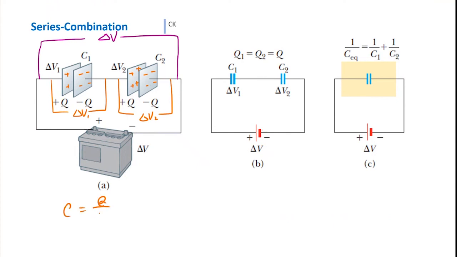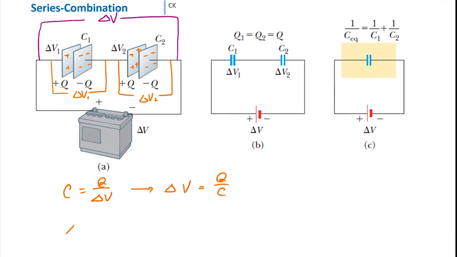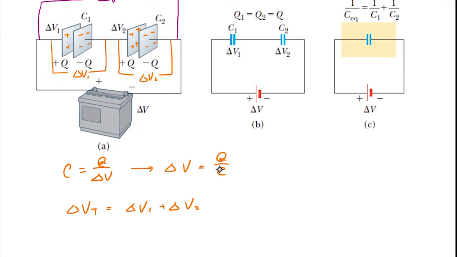Okay, with that, once again, remember this. C is equal to Q over delta V, right? Now, from here, I'm going to solve for delta V, which is equal to Q over C. The reason for that is because my potentials do add. Delta V total is delta V1 plus delta V2, isn't it? Now I'm going to use this relationship.